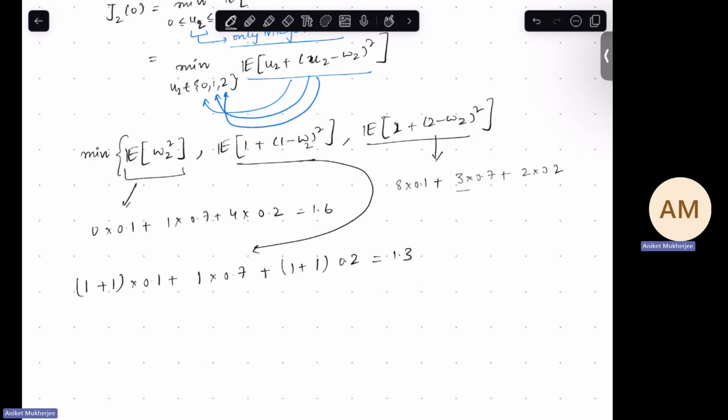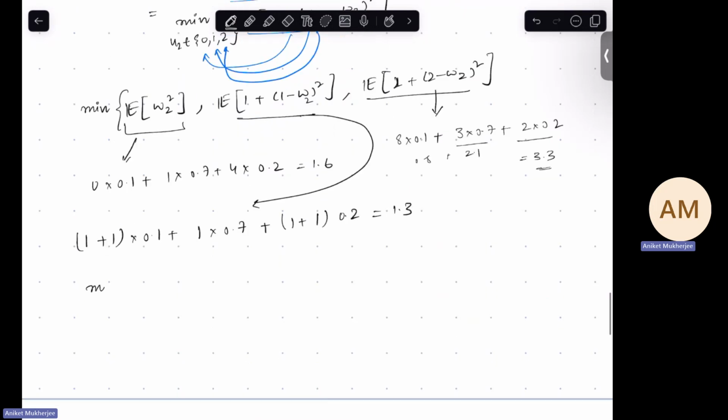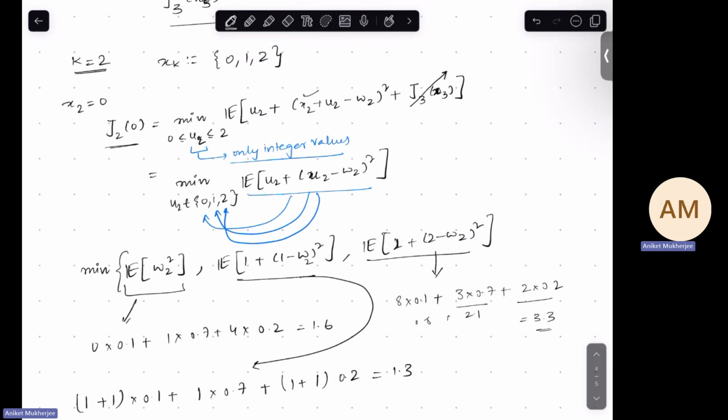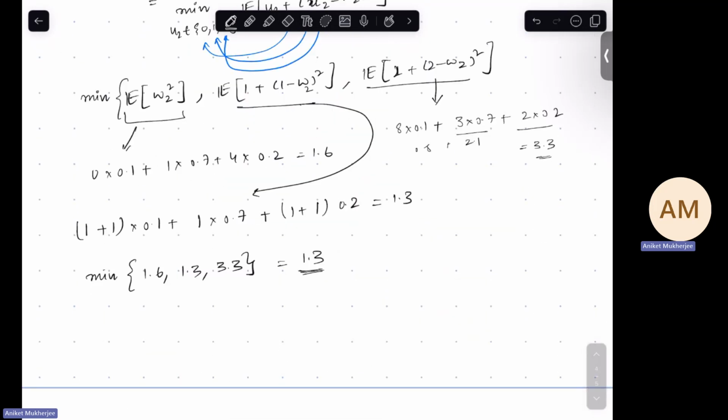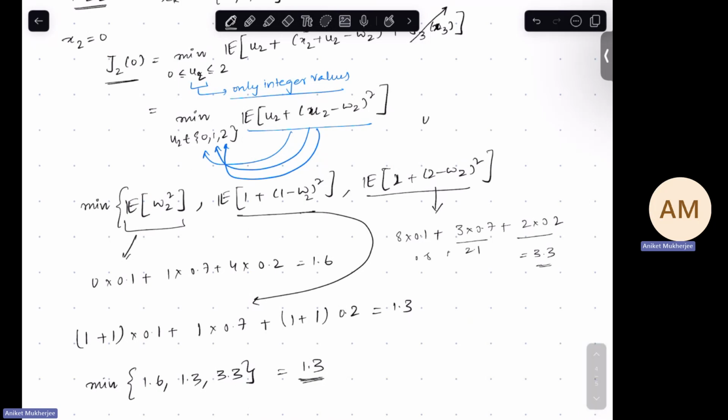So we have 2.1 plus 0.8, 2.9 and 0.4 is 3.3. So basically you have min over 1.6, 1.3, 3.3, which is 1.3. So the optimal cost for x2 equal to 0 is 1.3. But you get 1.3 when you choose u2 equal to 1. So your u2 star is 1.